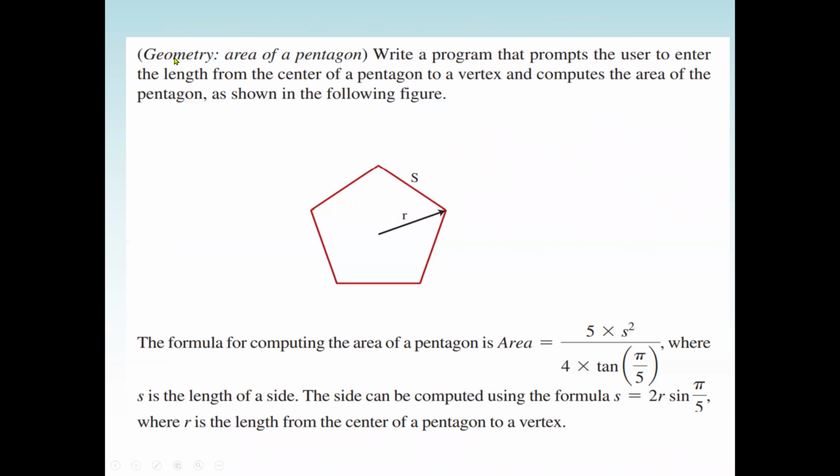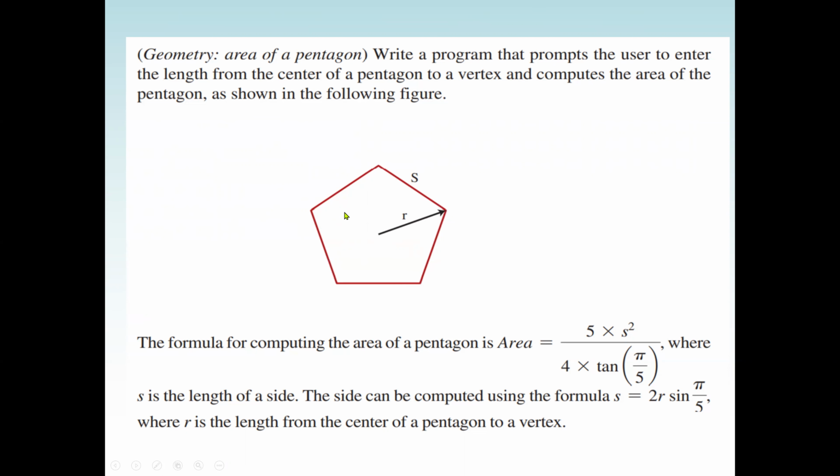The next example is geometry again, to find the area of a pentagon. Here they say we should write a program that prompts the user to enter the length from the center of the pentagon to the vertex, so we are going to enter the value of R. The vertices are the corner points, and they are at the same distance from the center, since all the sides are the same also.